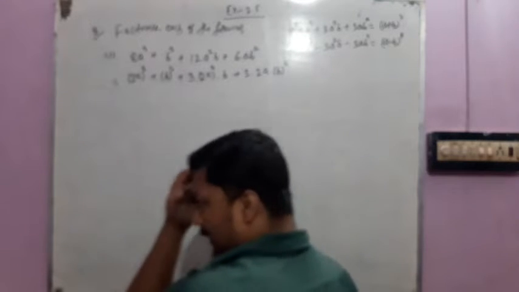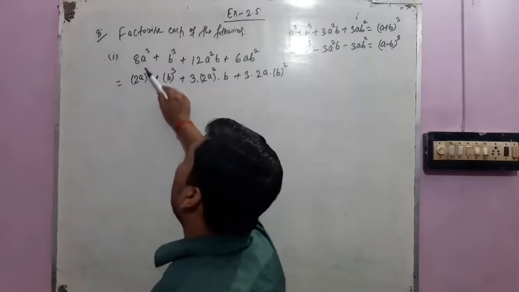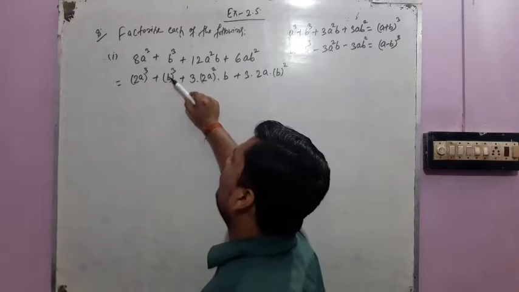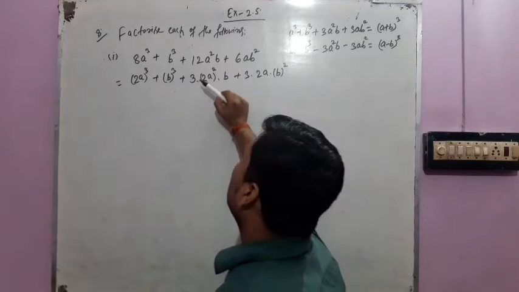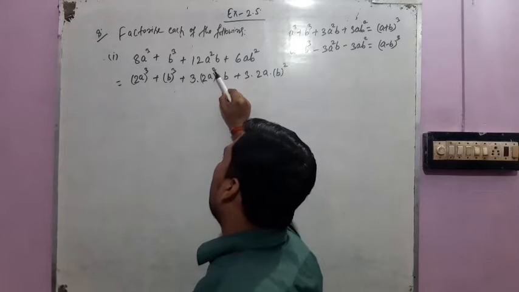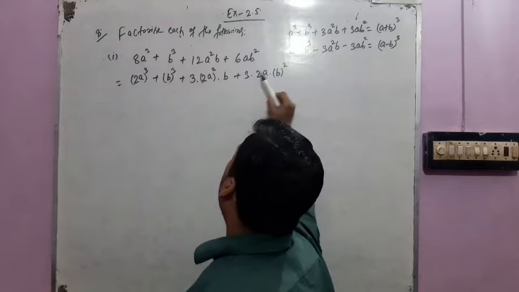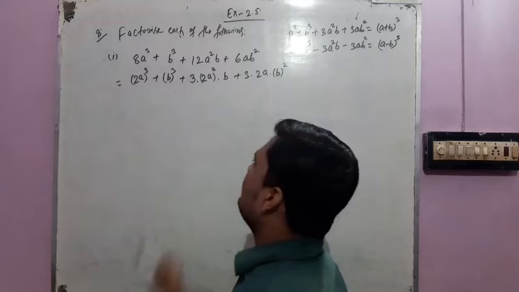Okay student, now again I am repeating that when we solve the cube of 2a we will get 8a cube, when we solve b cube we will get b cube. Now when we are solving this one, the square of 2a is 4a square and 4 threes are 12a square b, and the square of b is b square, 3 twos are 6ab square.